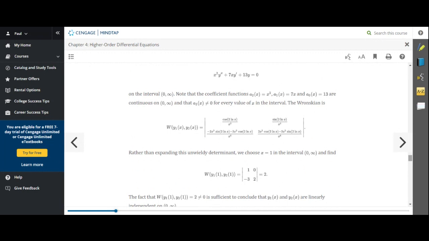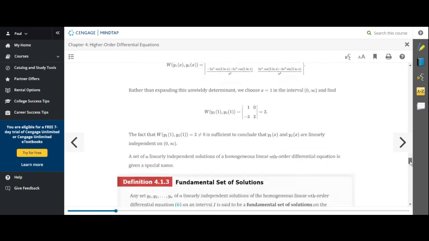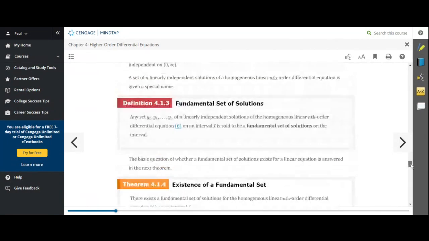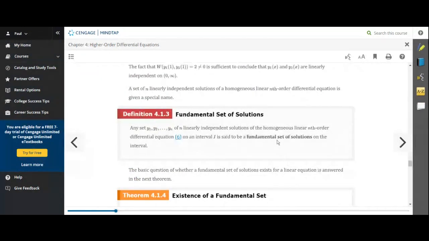So you compute the Wronskian, and in this case, you actually get a constant. It has to do with the trig functions. Now, if you do have linearly independent solutions, you're going to have what's called a fundamental set of solutions.